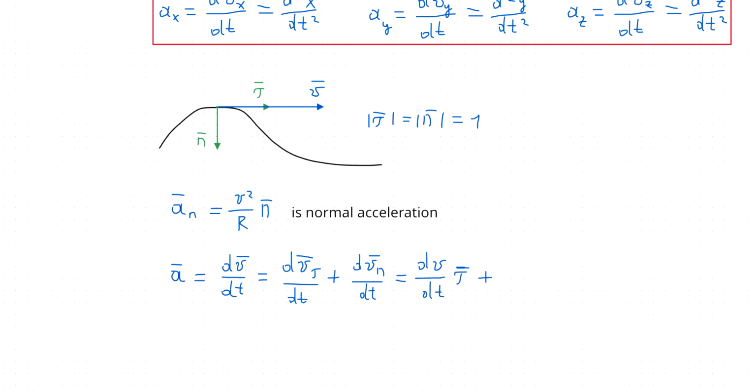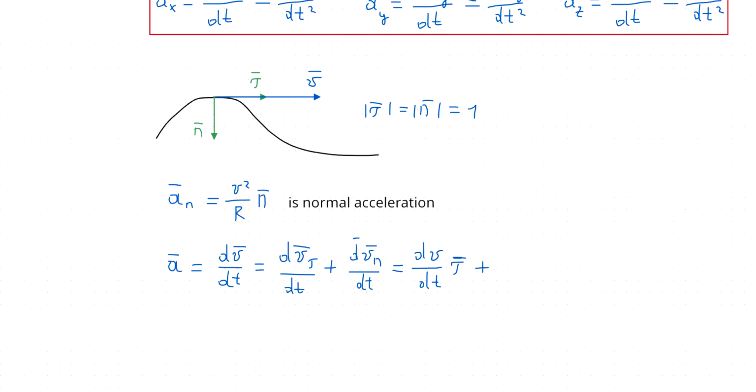The second term is the change of velocity in normal direction. But as it was proven above, this change is equal to normal acceleration. That is written here. So we can write that it is equal to v squared divided by r multiplied by n.